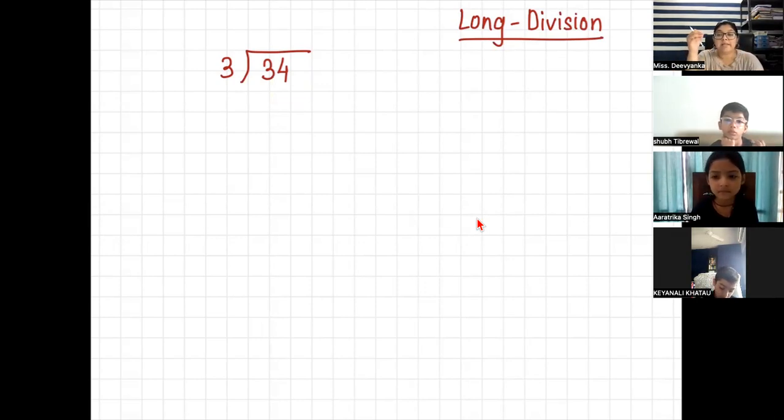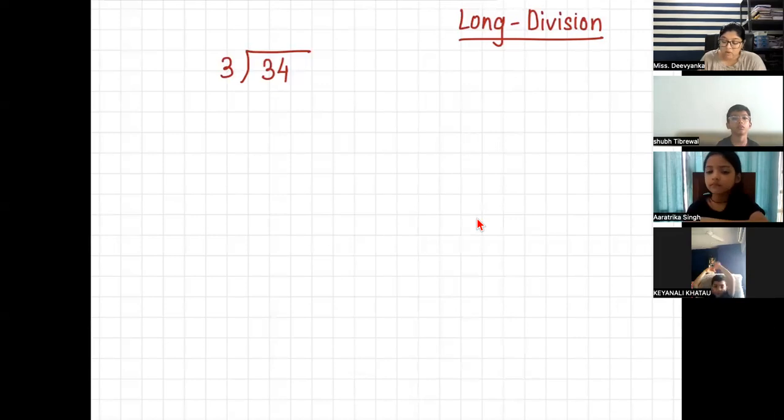But only in division problems, we go from the left number first, then the right number, till the last number. Understood? Now, what is the first number here? Number 3. So 3 times what will give me 3?